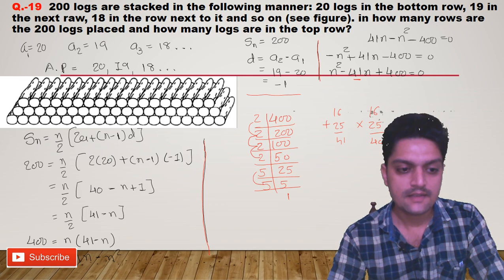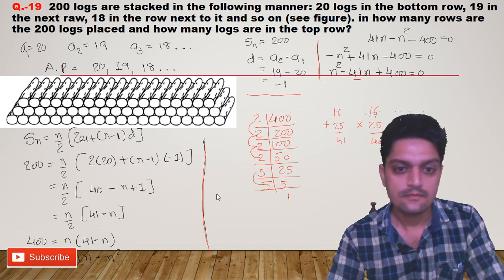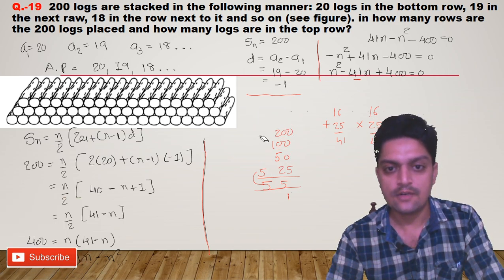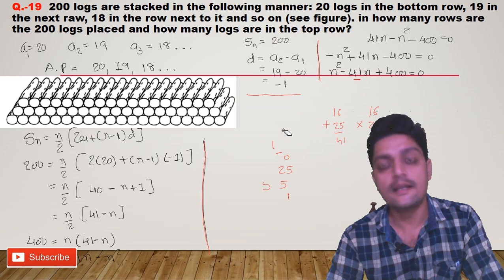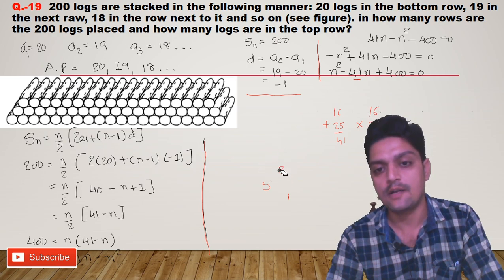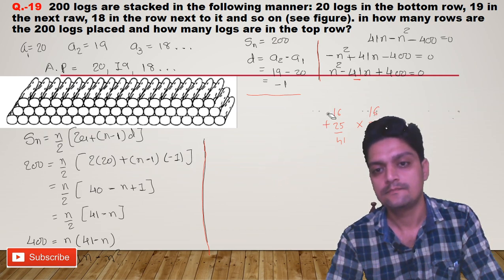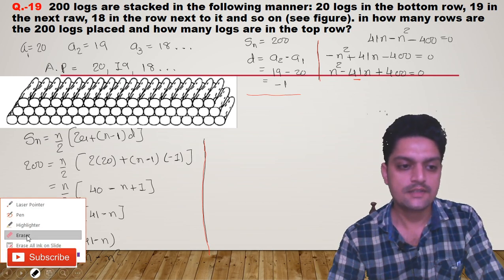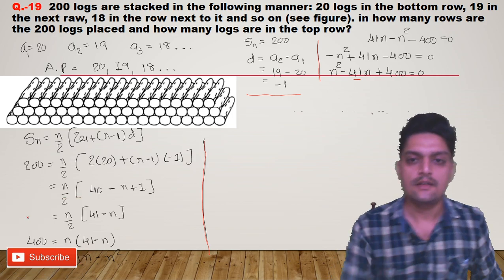Let me rub these things out so that I can write some other things. This calculation you don't have to show, in the exam also you don't have to show this calculation. So now I will write 16 into 25.